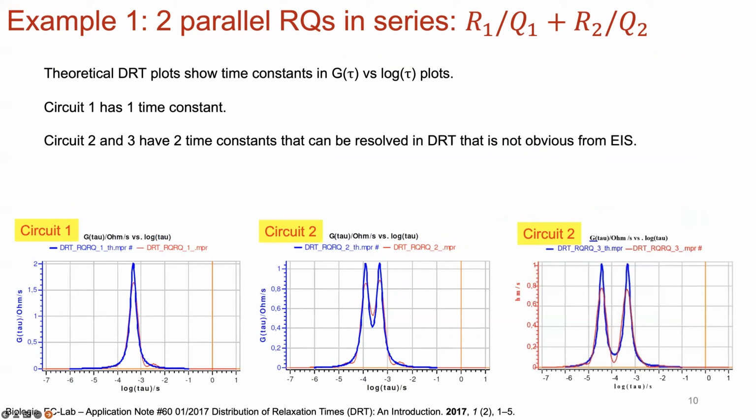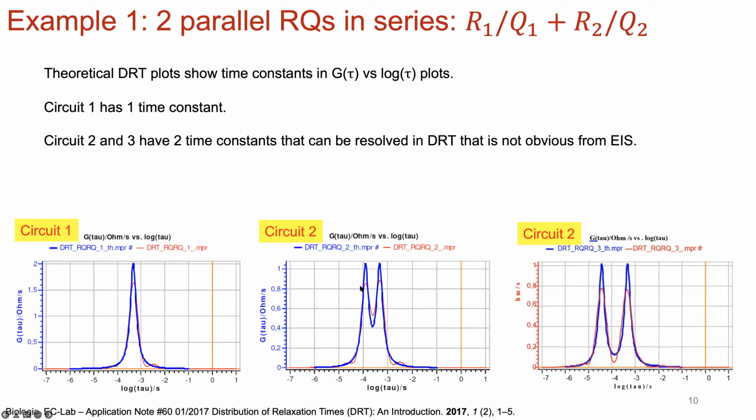Look at the distribution. If you look at the simulated G of tau, you'll see the theoretical, which is the blue, and the data from DRT tools would look something like this, where there's a little bit of noise in the red plot. If you expect one time constant, you get that, and you can track exactly what the characteristic frequency is.